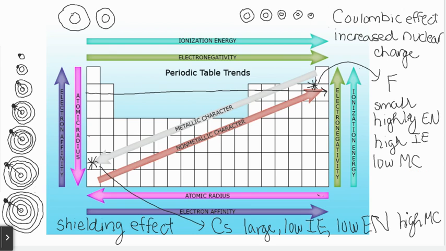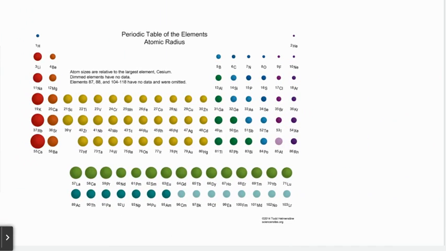And those are a summary of our trends. You've got to know the difference between the shielding effect and the Coulombic effect. Here's a picture of the atomic radii so you can see this. Now, the noble gases do tend to follow the atomic radius trend. The trend that they do not follow is electronegativity.